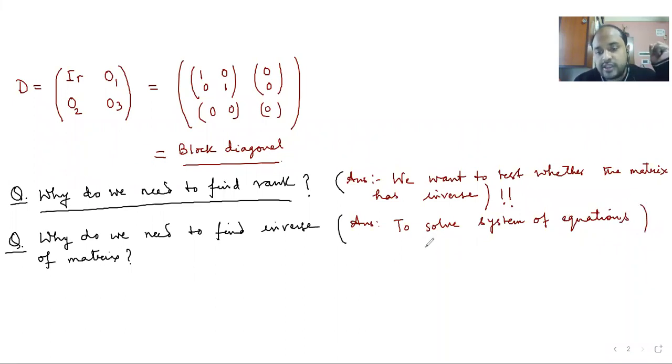So if you have a system like Ax equal to b, and you already know that this can be written as A inverse b if A inverse exists. Okay, you know this.